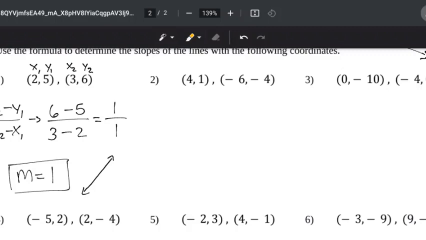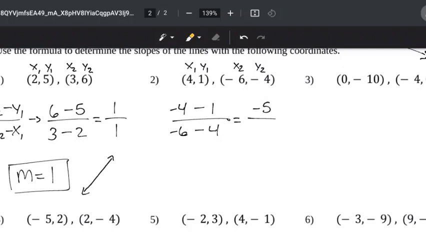All right, let's try number 2. x1, y1, x2, y2. Let's go ahead and plug it into our formula. So we get y2 minus y1 over x2 minus x1. And we do our math. Negative 4 minus 1 is negative 5.